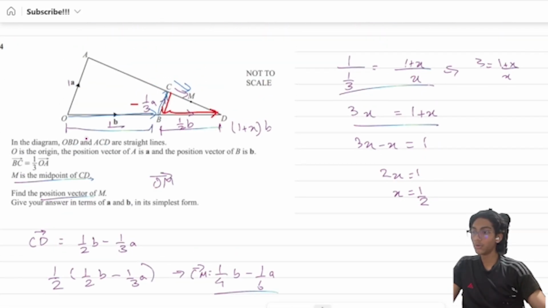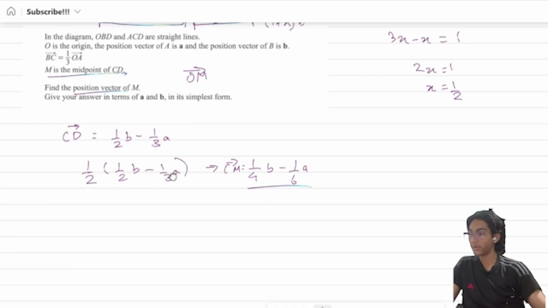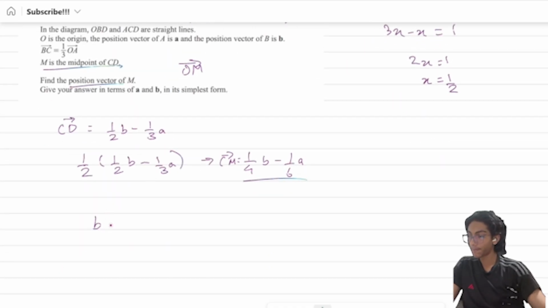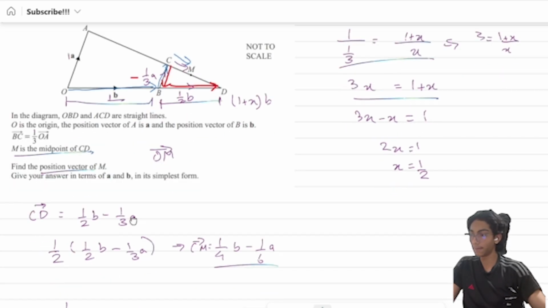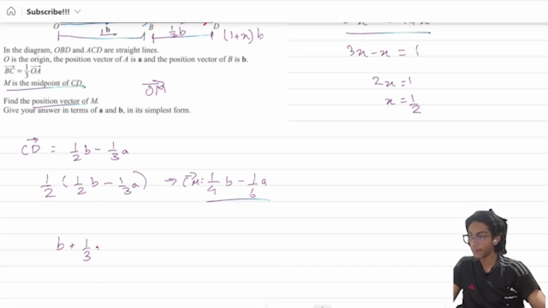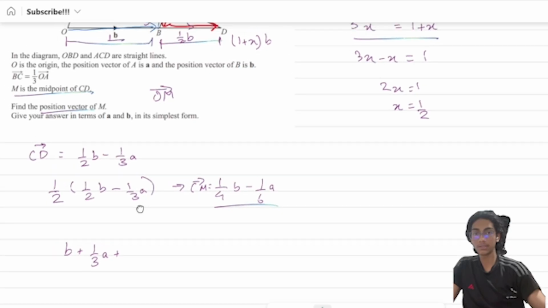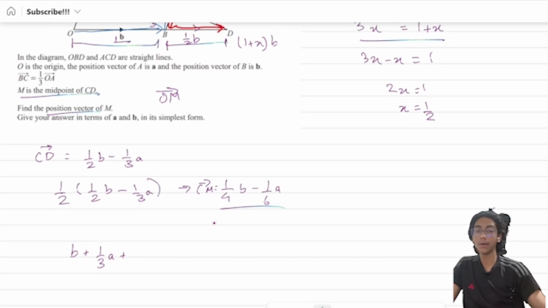Now, O to B is simply B. So we'll write that down here. B plus, how do we get from B to C? That's 1 over 3A. So write that down, 1 over 3A plus, what did we just calculate CM to be? 1 over 4B minus 1 over 6A. So write that down here, 1 over 4B minus 1 over 6A. And this is equal to OM.